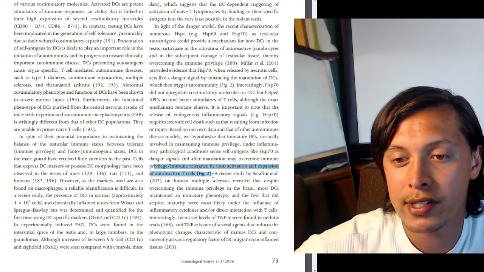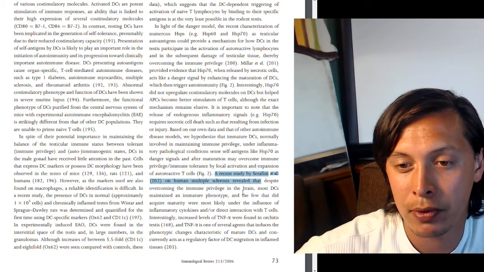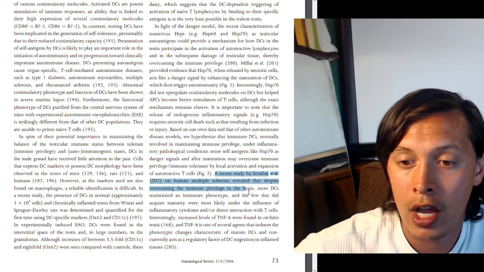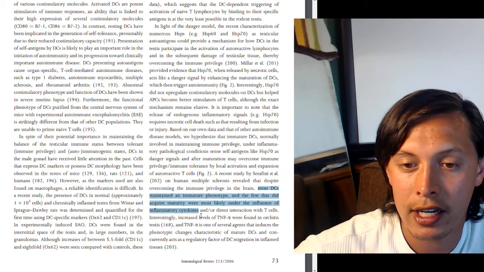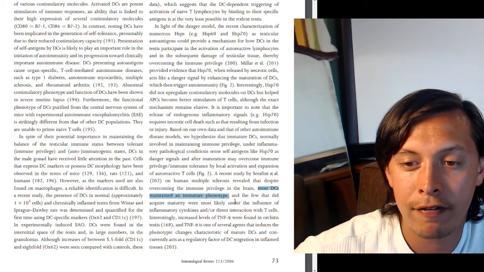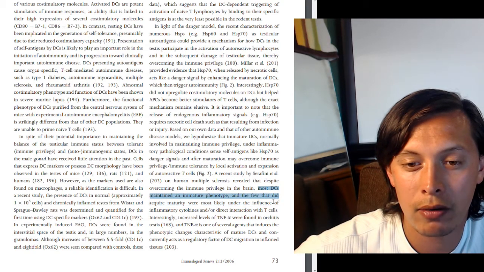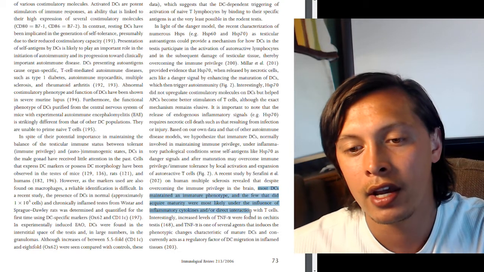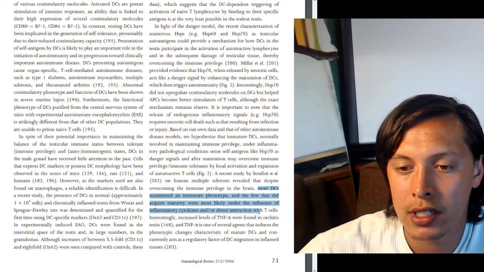A recent study by these people on human multiple sclerosis revealed that despite overcoming the immune privilege in the brain, most dendritic cells maintained an immature phenotype, and that the few that did acquire maturity were most likely under the influence of inflammatory cytokines and or direct interaction with T cells.